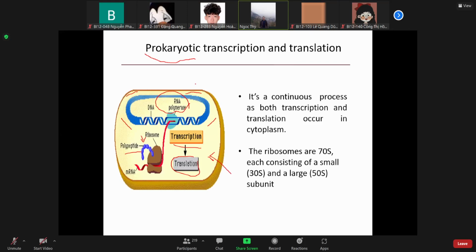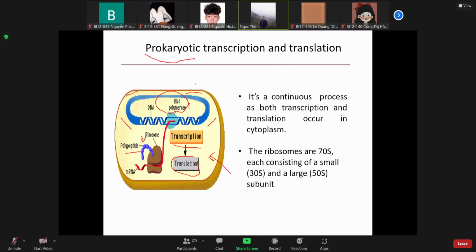Meanwhile, in the eukaryotic cell, the nuclear membrane separates the nucleus from the cytoplasm. So transcription happens inside the nucleus, and then the mRNA goes through several processes that we will discuss later, to cut out the introns and add the 5' cap and poly A tail, to develop into mature mRNA.